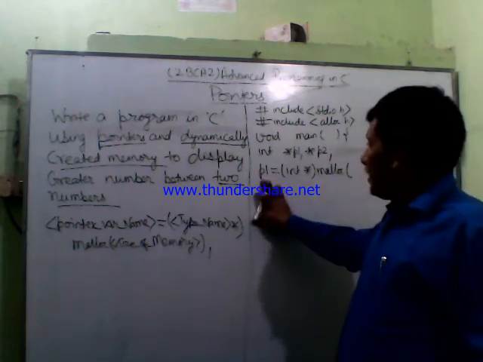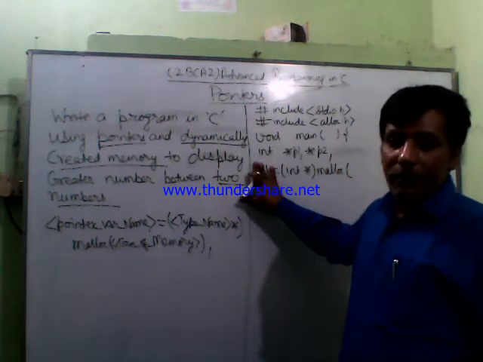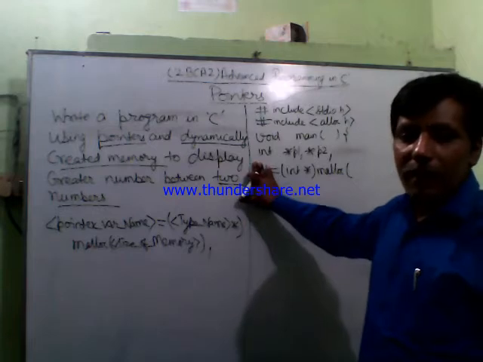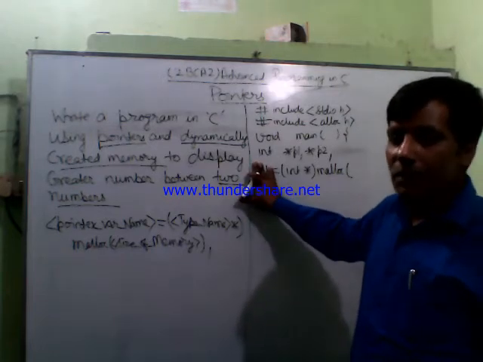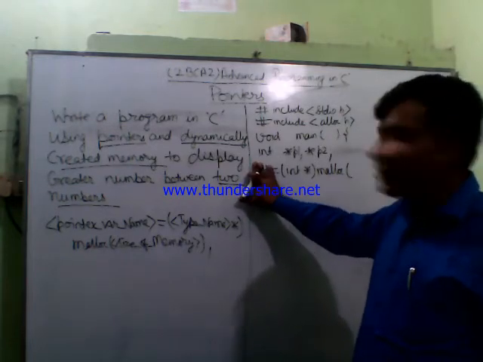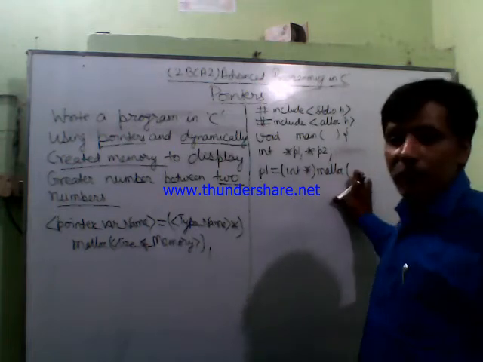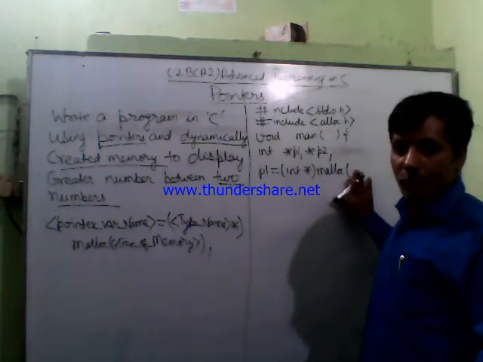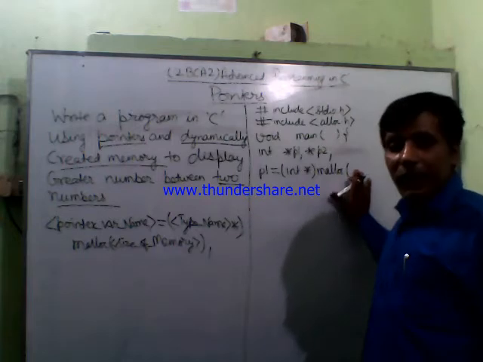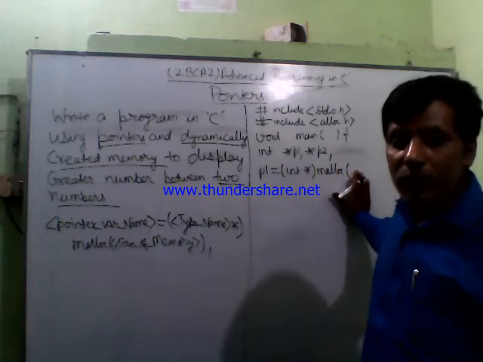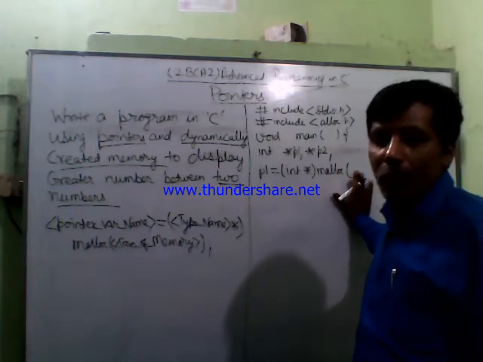The pointer is of type integer, and the size of integer type memory is 2 bytes. Hence, I can write here 2, because the pointer can store the address of any similar type of memory.